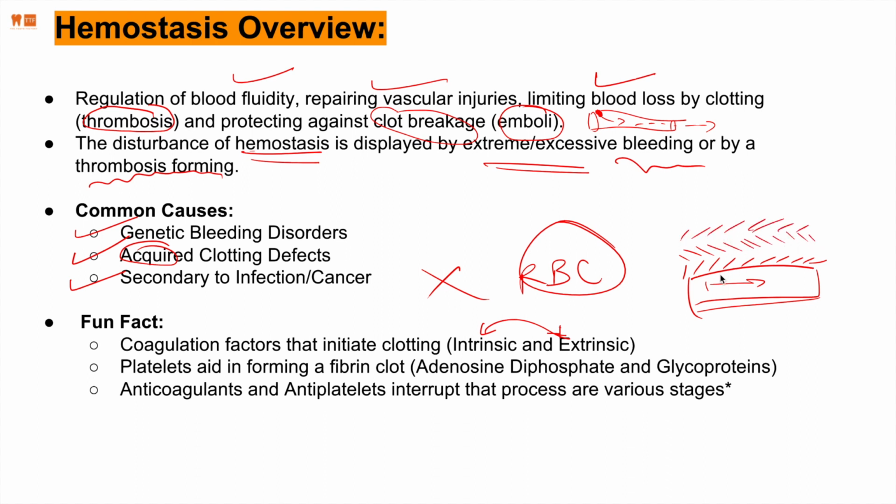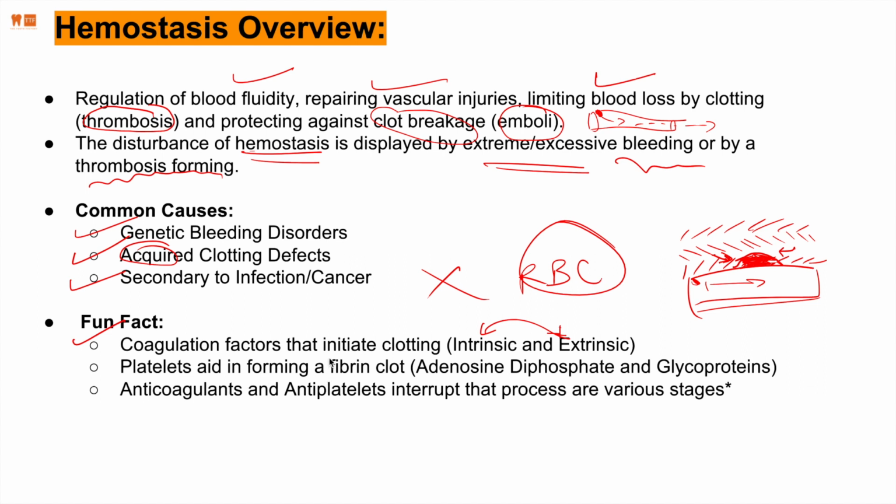Okay, fair enough? Now, whenever there is an injury right here, that is intrinsic. Inside the blood vessel, everything's inside. What about extrinsic? It's when there's a breach into the connective tissue because of the bleeding or even the clot dislodging. That's when the connective tissue begins to interfere in this process, and that's extrinsic. But we'll, of course, get into deeper ends.